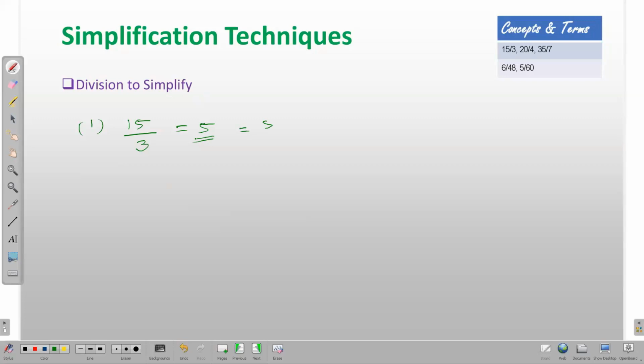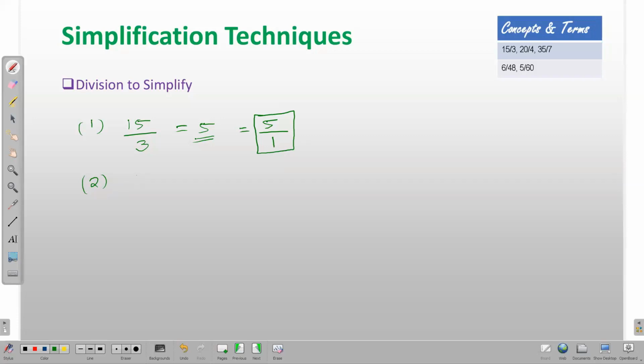Equals 5 by 1. You should remember that any number, you can write it as 5 divided by 1. There is a reason for that, because then it will stay as 5. It's the same as 5.